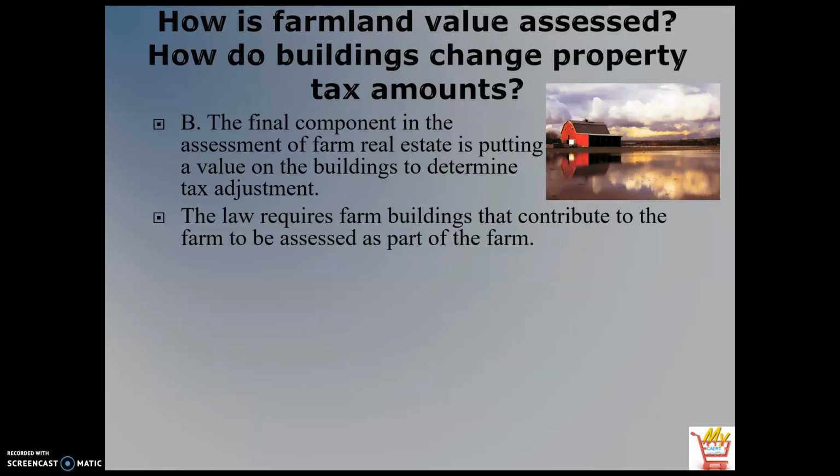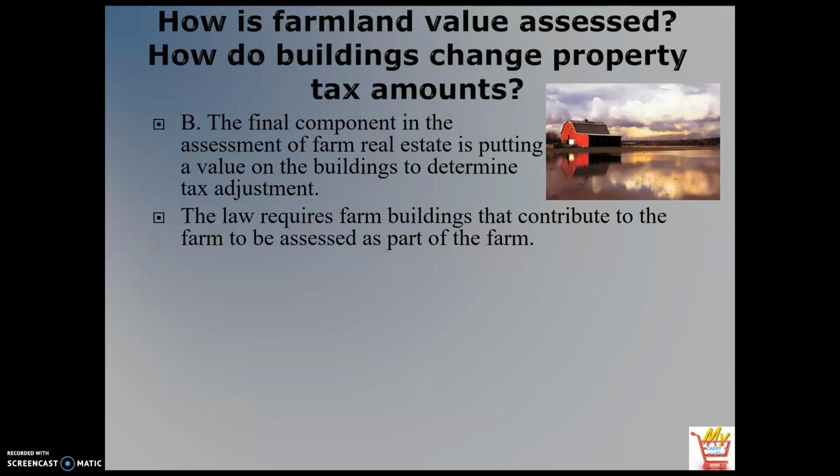The law requires that in order for a building to be assessed as an improvement to farm ground, that building has to contribute to the farm. In order to be assessed as part of the farm, the building has to be viewed as a contribution to the farm. So, for example, if you were to build a new pool house to go by your pool to store pool chemicals and supplies, that would not be viewed as a farm building.